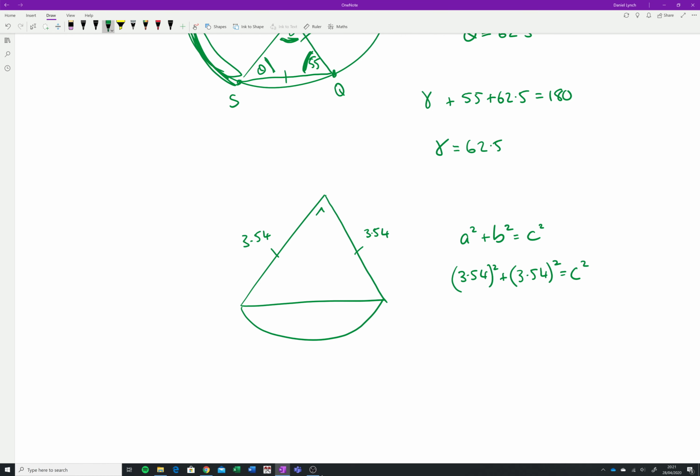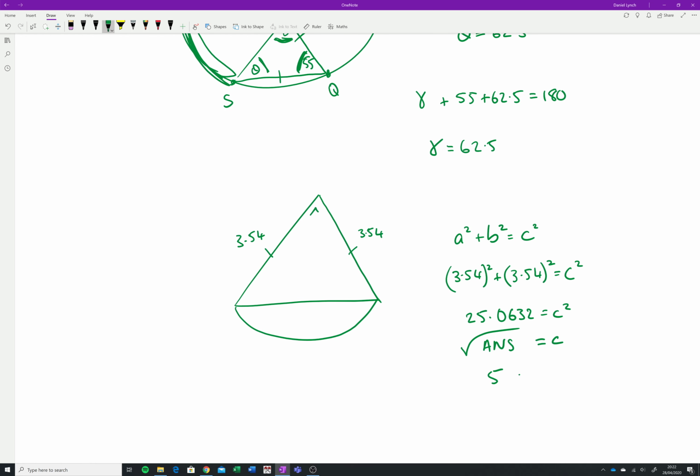So 3.54, we square it, and we add it to itself, or we double it, and I see here that's 25.0632 equals c squared. C is equal to the square root of that thing. I'll just call it ANS because you can use the ANS button on your calculator, and that is 5.00 blah. So c is equal to those centimeters, presumably they are.